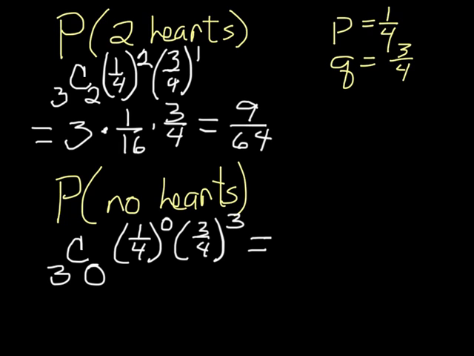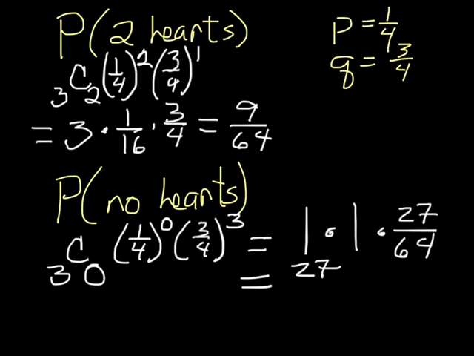Well, a combination of 3 choose 0 is 1, 1/4 to the 0 is 1, and 3/4 cubed is 27/64. And therefore the probability of no hearts is equal to 27/64. And that's how you do it when you use the formula.